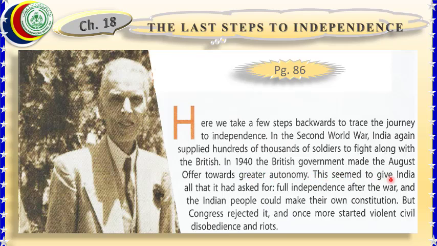This seemed to give India all that it had asked for, full independence after the war, and the Indian people could make their own constitution, but Congress rejected it and once more started violent civil disobedience and riots.